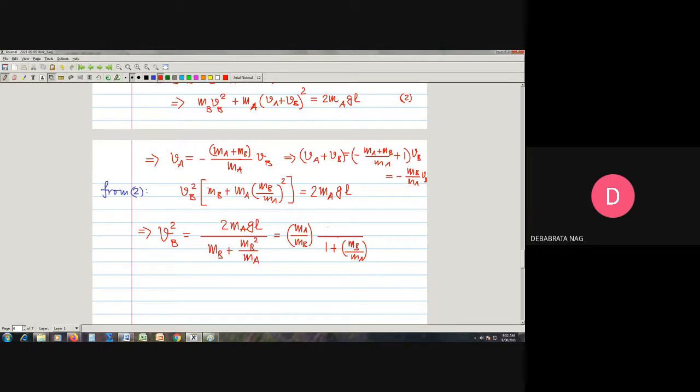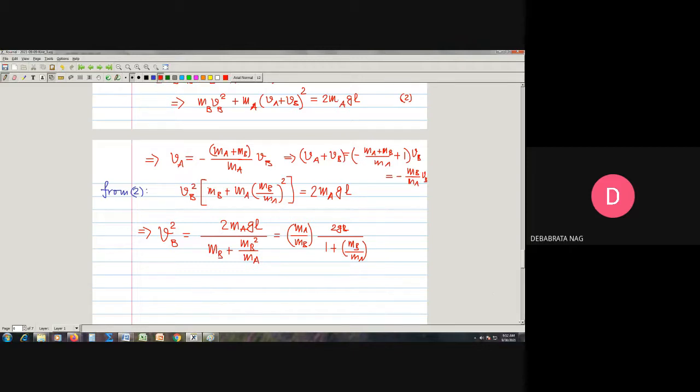The velocity dimension is coming in this 2GL term, right? Because this is acceleration and this being the length. Sorry, it's not root over because we have not taken the root yet. So 2GL. Therefore this is going to be my equation.